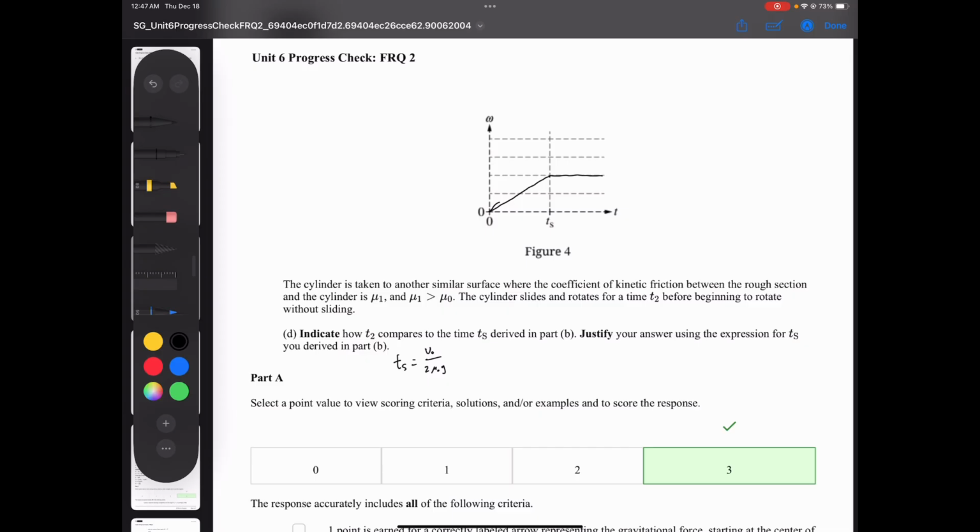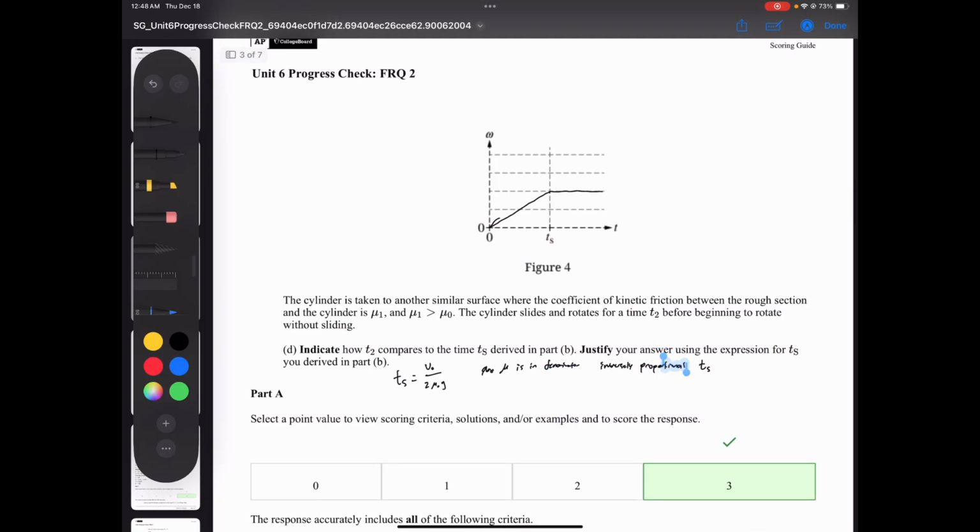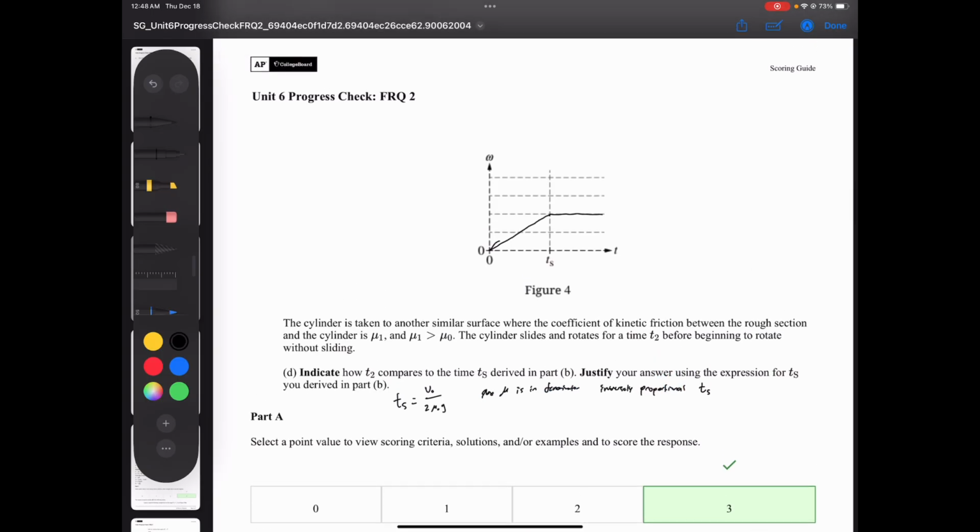Since mu naught is in the denominator, it's inversely proportional to the amount of time it takes to reach the non-slip condition, where it's rolling without slipping.